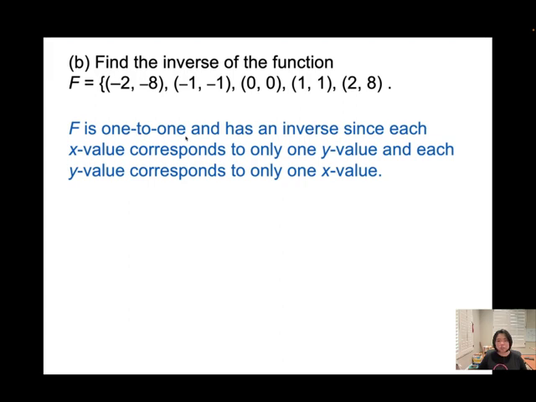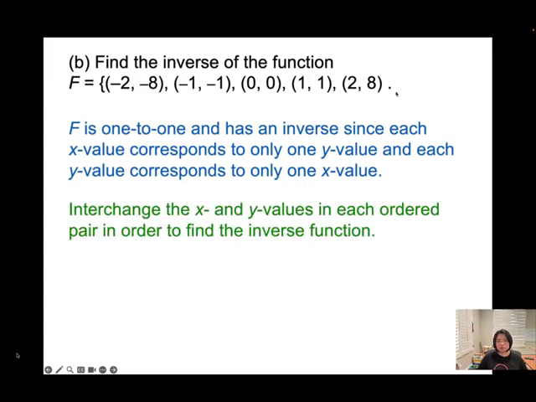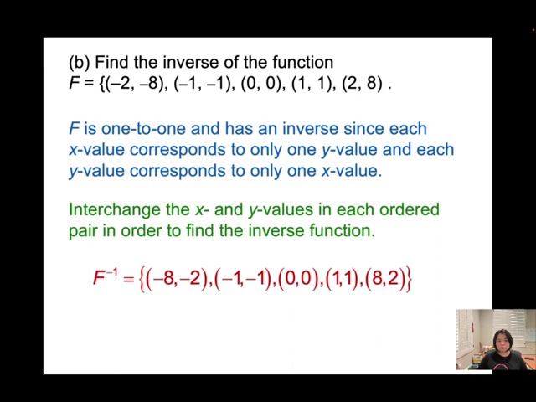You can just exchange the x and y values. Like the first one, I have negative 2 and negative x, so the inverse function will be negative x comma negative 2. We just switch the x and y. So this is going to be f inverse.